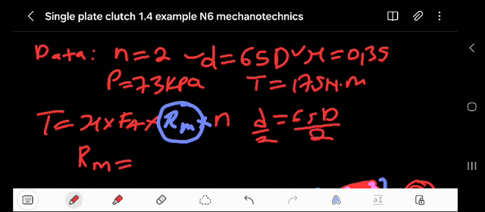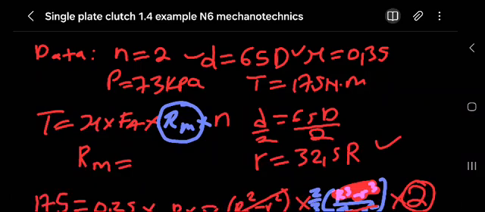Mathematically, diameter over 2 is equal to radius, so I'll have 65 divided by 2, which will be 32.5. Then here we have big R. You see what I've done there. So we have R there, which is 32.5.